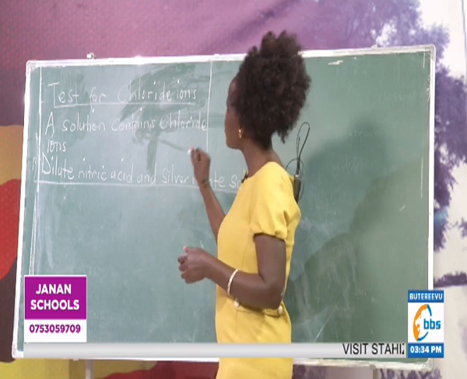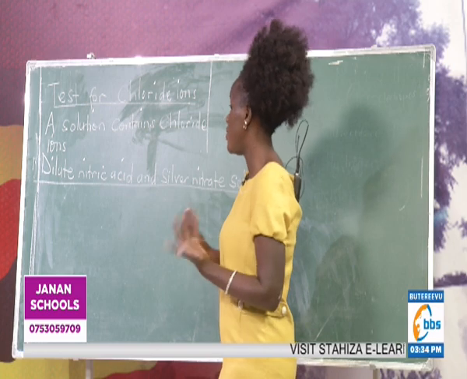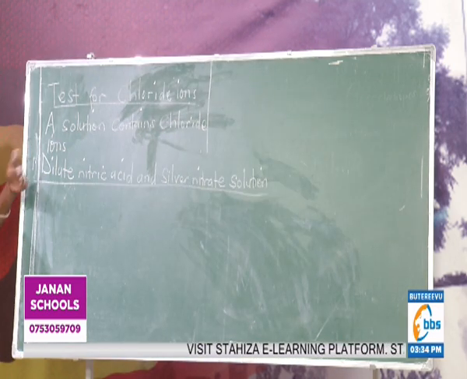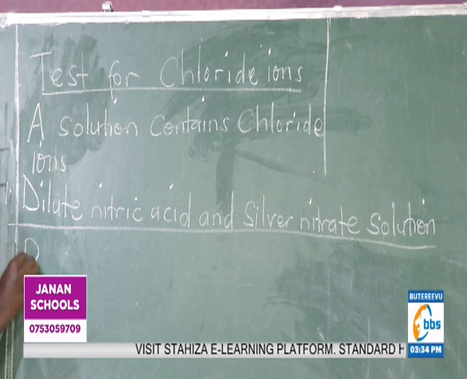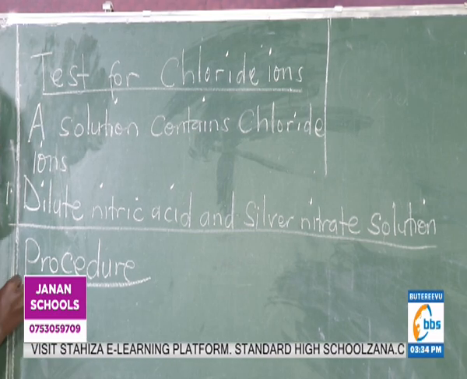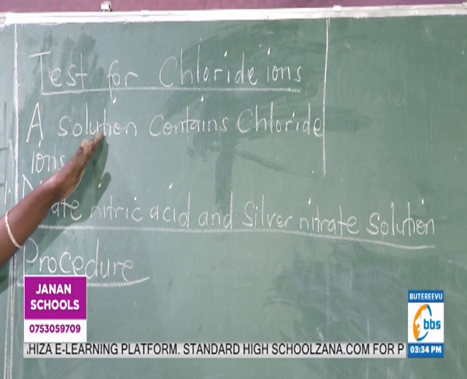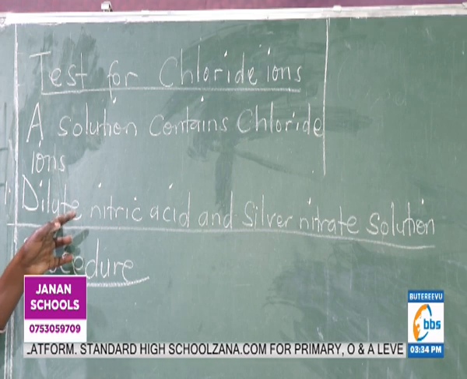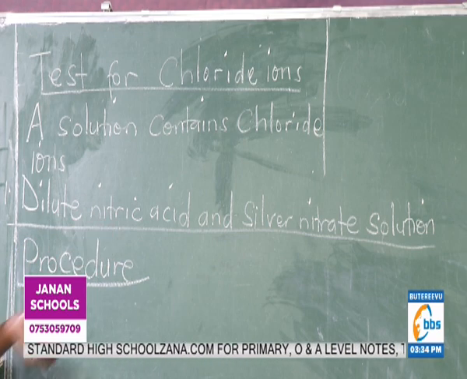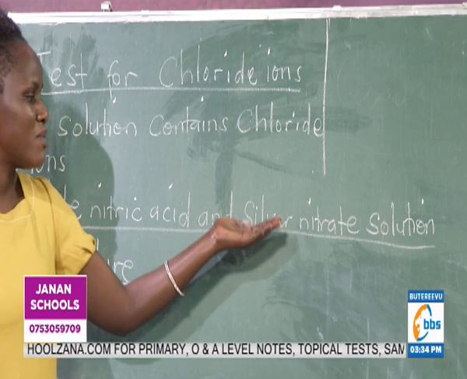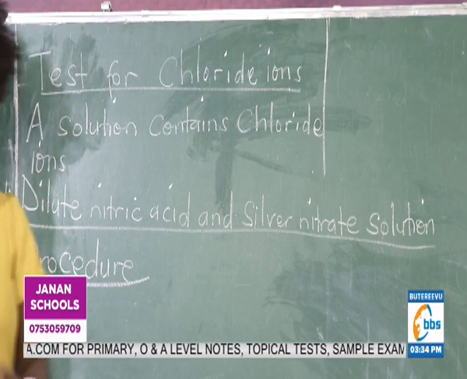And if that solution indeed contains chloride ions, what do you observe? So what would be your procedure? This is like a practical. What would be your procedure, to a solution containing chloride ions? You are going to add 2 drops of dilute nitric acid, followed by maybe 1 centimeter cubed of silver nitrate solution.